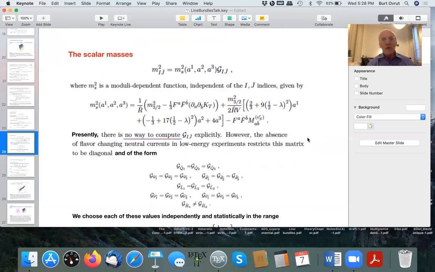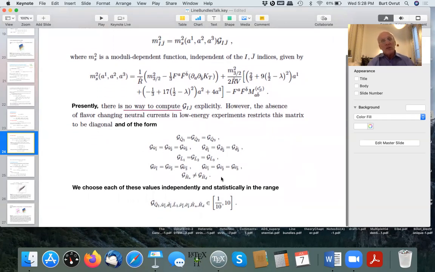It's a difficult thing. But what we're going to do is assume, as people do, that it's diagonal, but also flavor changing neutral currents. Low energy experiments restrict it to be not only diagonal, but of a certain form. And this is the form we're going to use for it. So different quarks related certain ways and so on and so on. But we don't know what these values are.